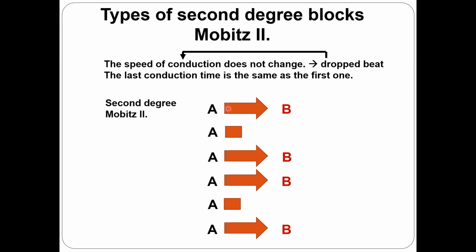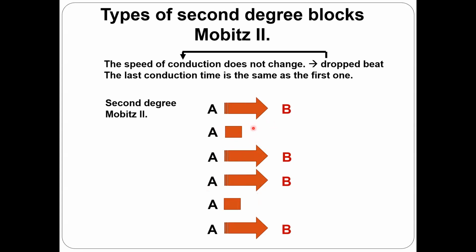It was the same in the first, the second, and the third, but between these we have an unconducted beat. By definition, second degree block has only one unconducted beat between two conducted ones.